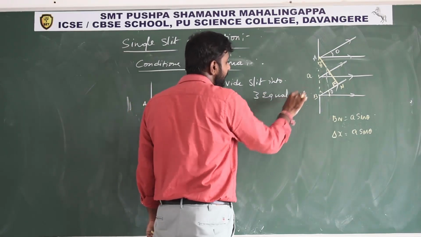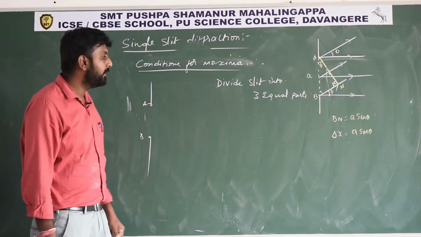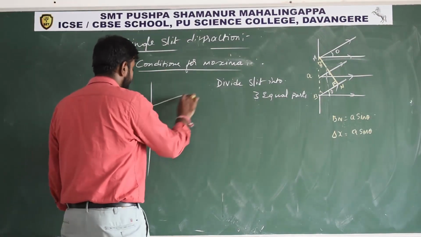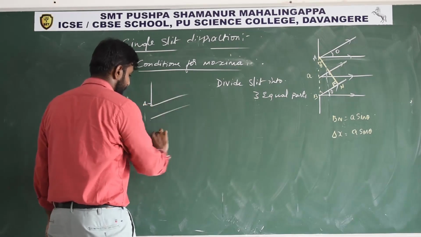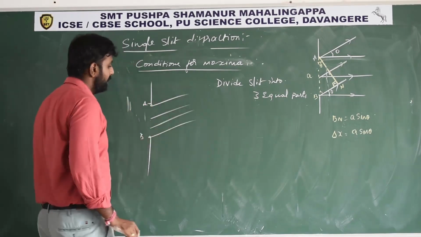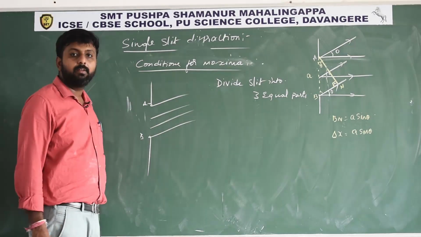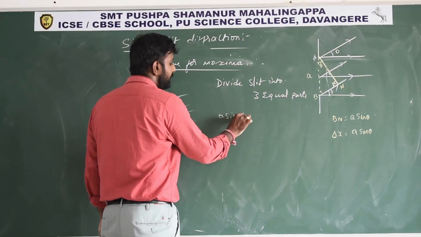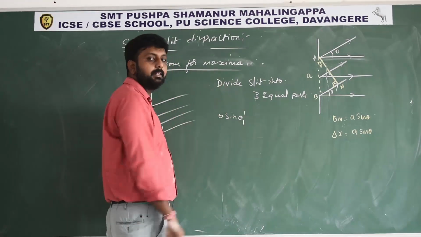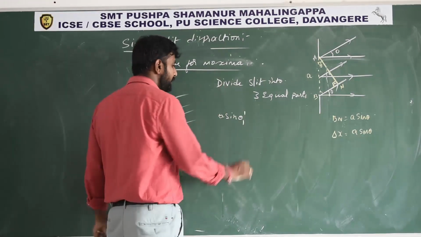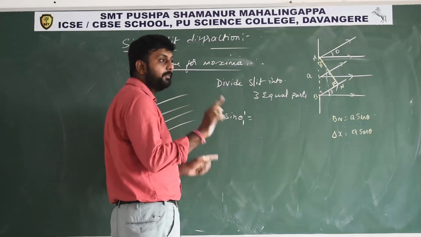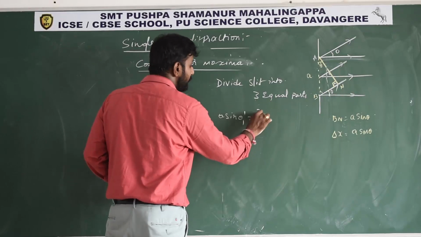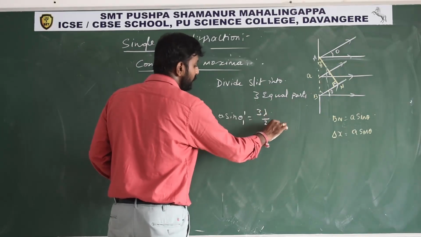You know that the central, always bright fringe will form, the central maxima. 3 equal parts, that means in this way 1, 2, 3 equal parts. Next, the path difference a sin theta 1 dash, let us say, for a bright fringe, should be equal to, in the dark fringe first you have taken lambda, in the bright fringe first you have to take 3 lambda by 2.